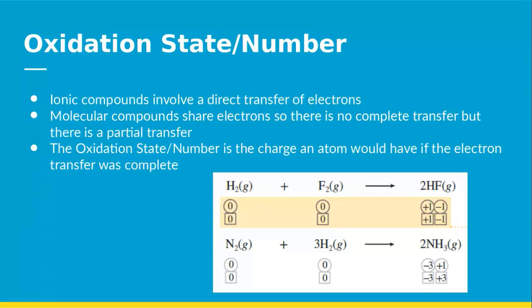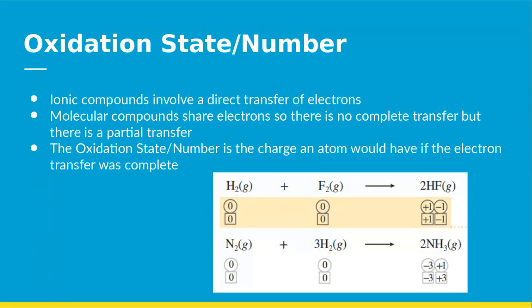Oxidation state or number is a way to determine what is being reduced, what is being oxidized, and whether you have a redox reaction taking place. When we think about ionic compounds, we know that they involve the direct transfer of electrons, as we talked about in previous units.